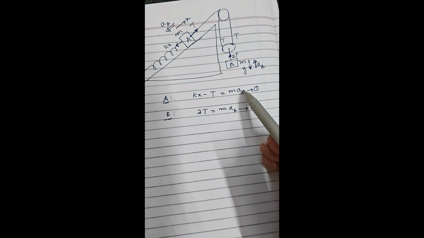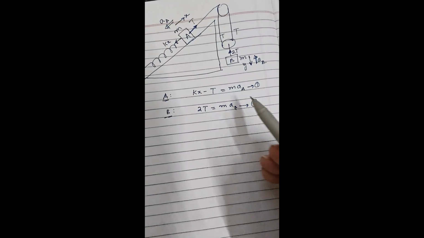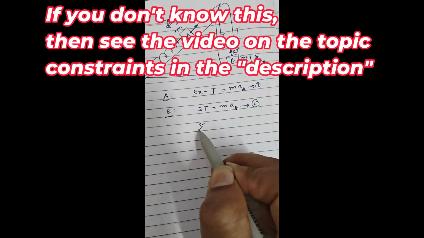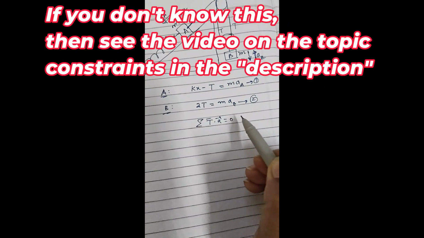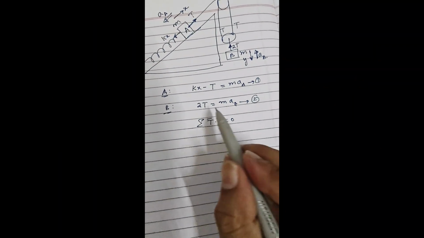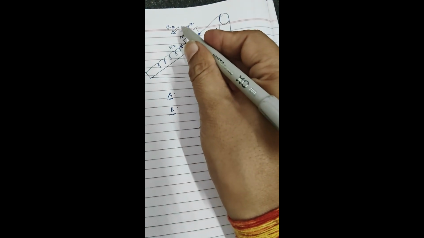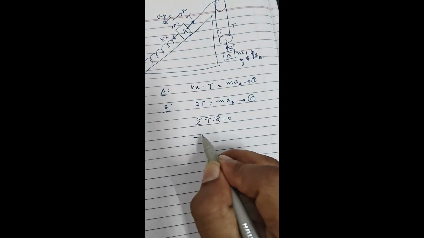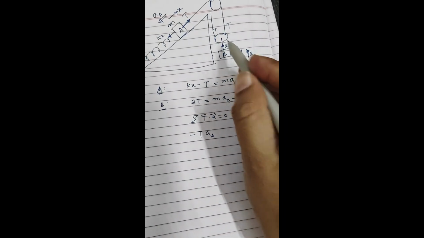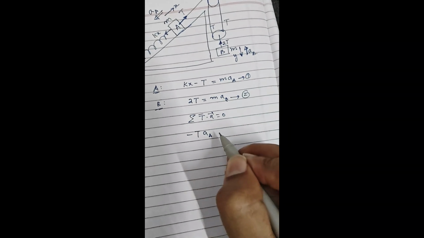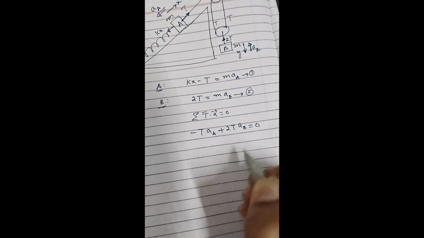So we need to find a relation between this acceleration and this acceleration. For that we will use constraint relation, summation T dot a is equal to 0. For this I have shared one video, please watch properly. So here tension is this side, acceleration is this side, so dot product will be minus T into a A. And here tension 2T is up, acceleration is also up, so it will be plus 2T into a B, that will be 0.